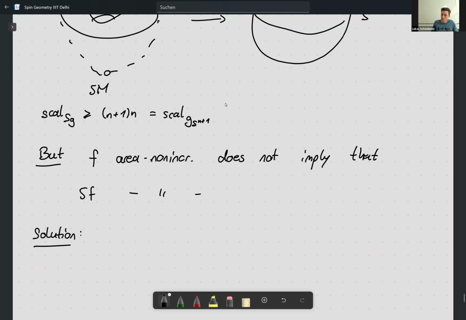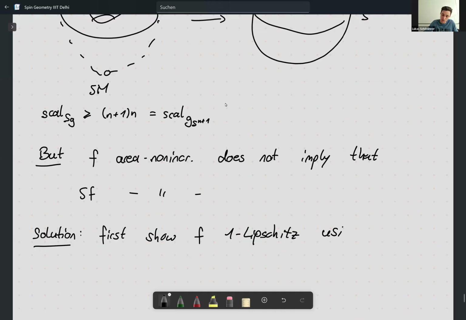So the solution is that we first show that F is 1-Lipschitz, because that travels over to the spherical suspension. In fact, we actually show that F is a local isometry almost everywhere.